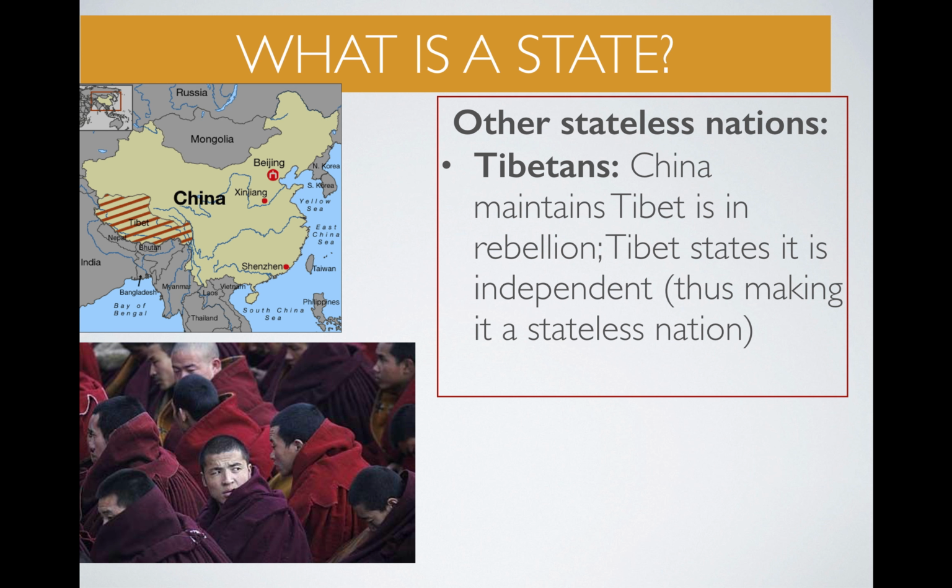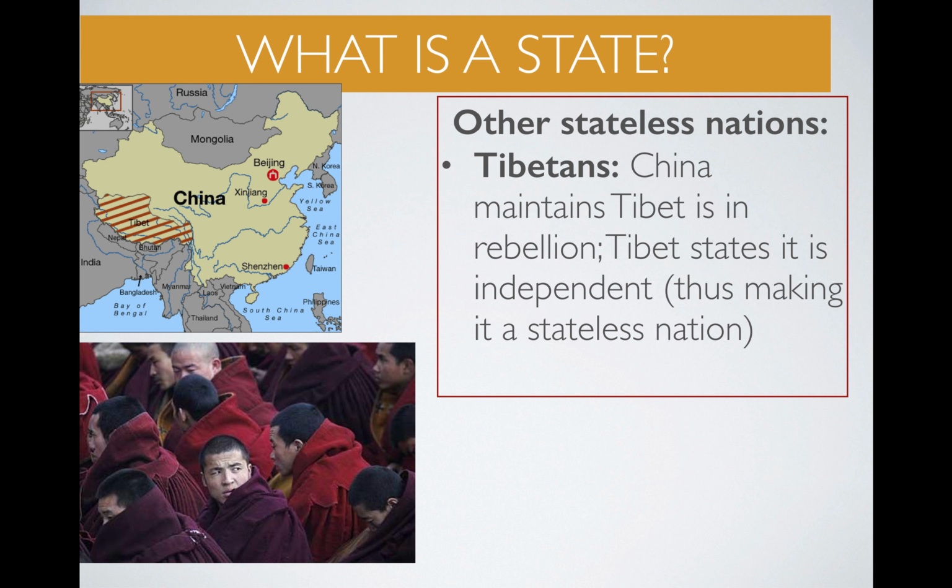Lastly, one that's pretty famous, commonly known, but maybe not as a stateless nation, is Tibet and the Tibetan people. Tibet, you can see in the map, is a region located in southwest China. China maintains that Tibet is an area that's in rebellion, whereas Tibet states that it's an independent place. Therefore, if they're claiming that they're independent but are being forced to stay within China, then that falls under the category of a stateless nation, because they're arguing that their culture group, their nation, does not have its own state.